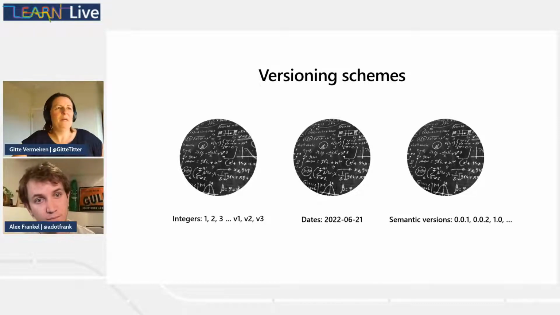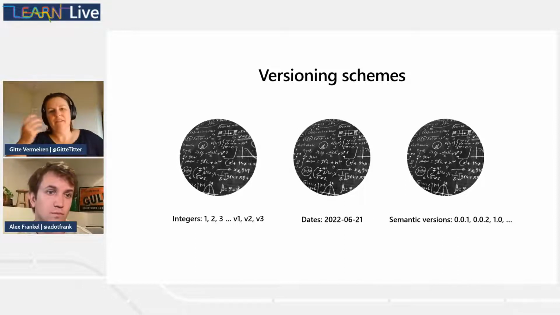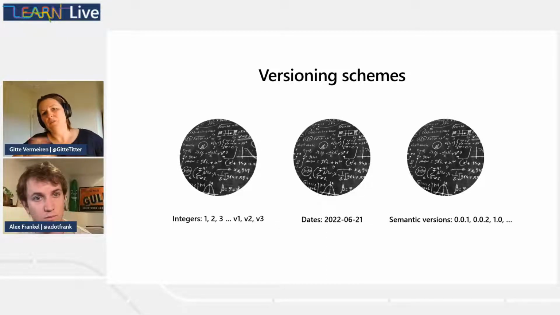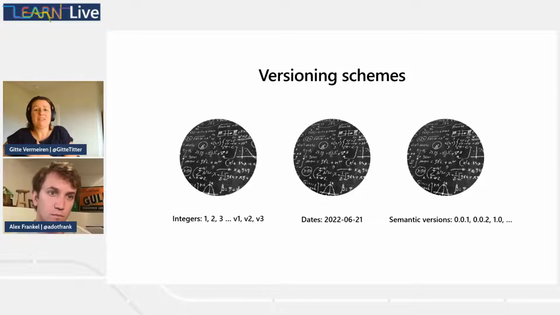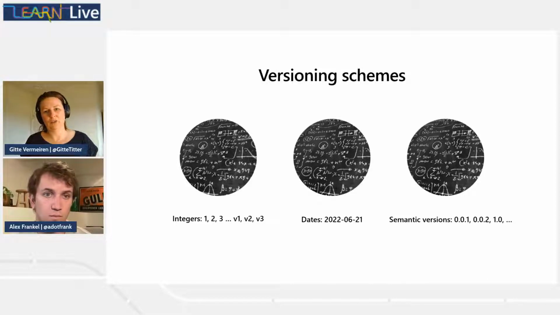Yeah, and what we're also advising people, and I know that the guidance in the module on the Learn side is actually a bit off from what we are advising here today, and I'm going to talk to the people publishing the Learn module after this session to get some updates in the guidance that we have there.